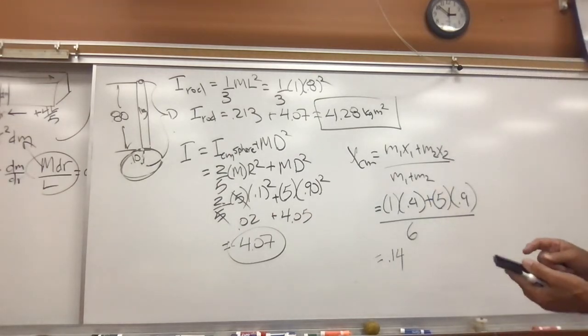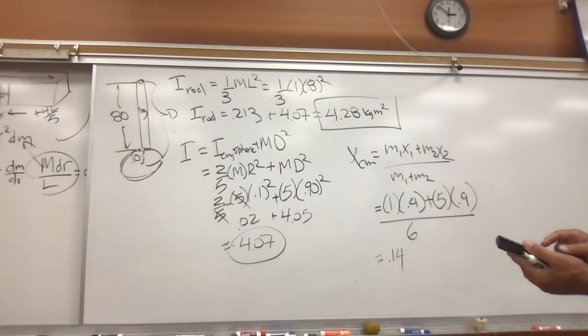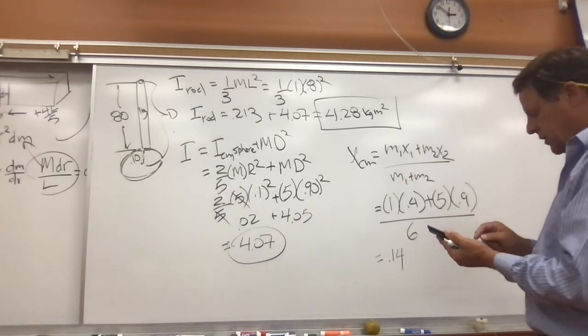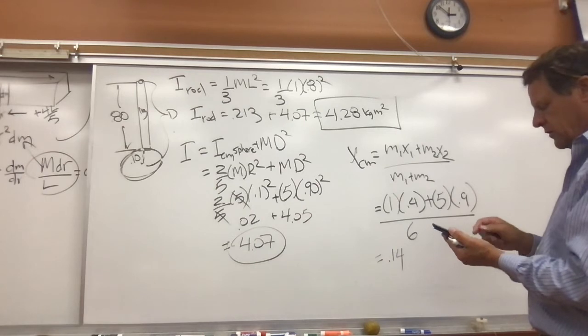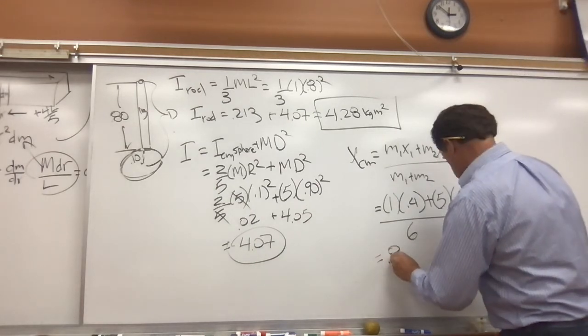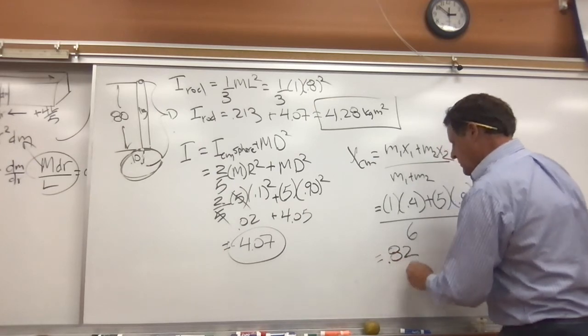Let's double check that. Sorry, this is 4.5 plus 0.4, divided by 6, is 0.82.